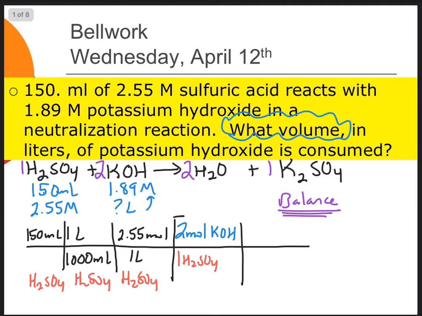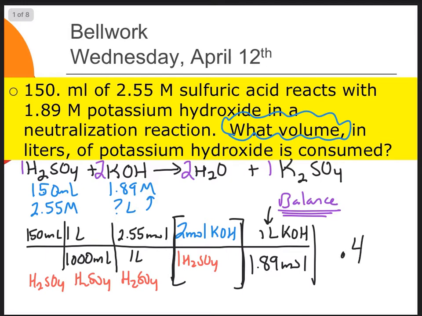That is my stoichiometric mole-to-mole ratio here. And now what I can do is use the molarity given, which is 1.89 moles per liter of KOH. And what I get is liters of KOH. And I got an answer of 0.405 liters.